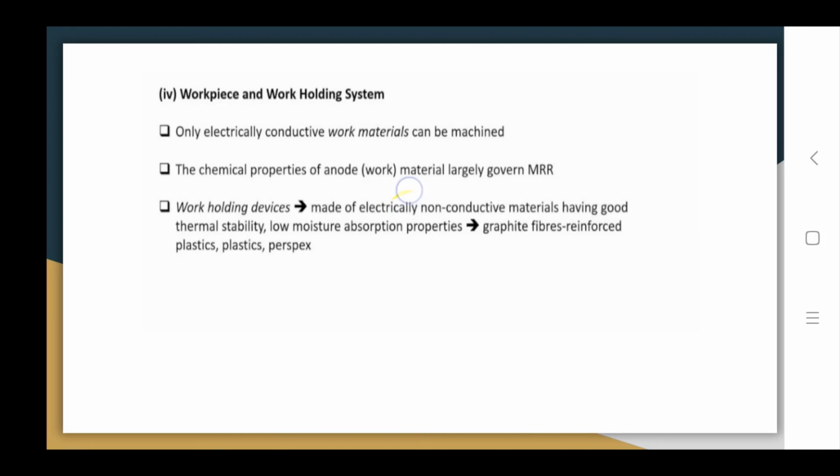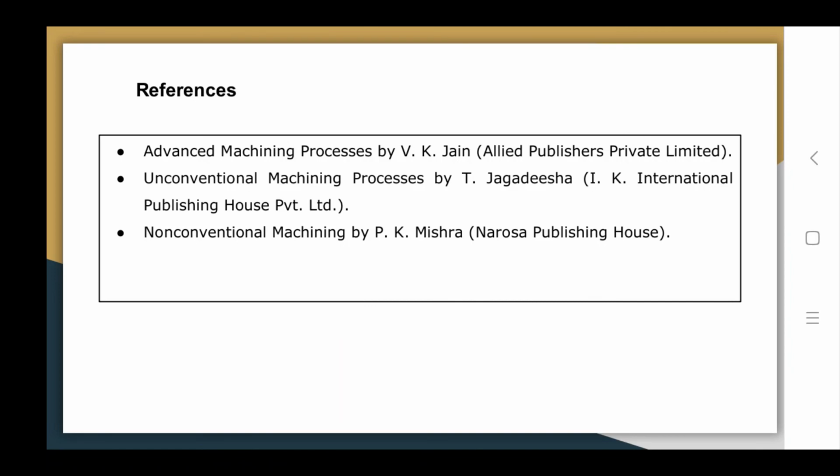For example, graphite fiber reinforced plastic, then plastic, perspex, etc. are the materials used for fabricating work holding devices. So these are the four components or elements of the ECM machine tool.